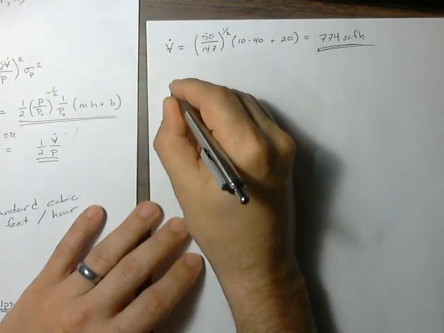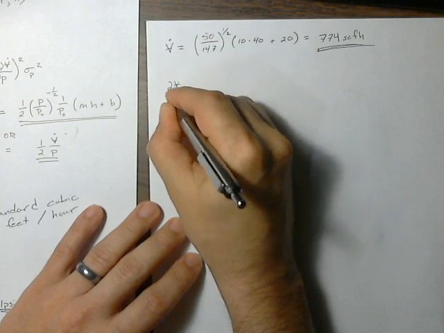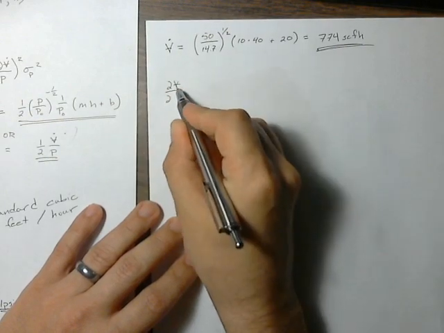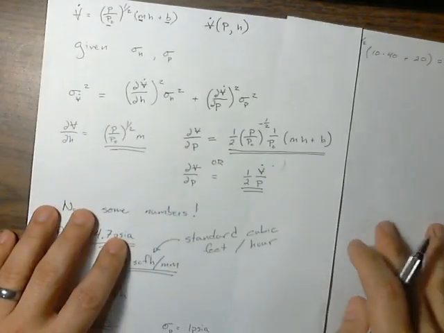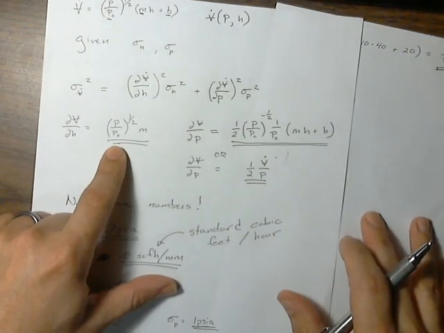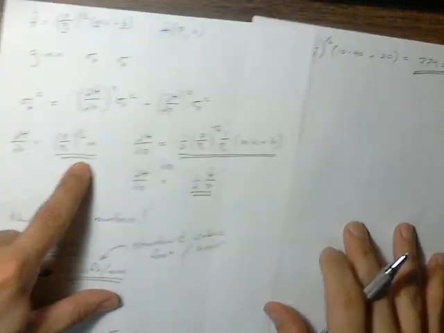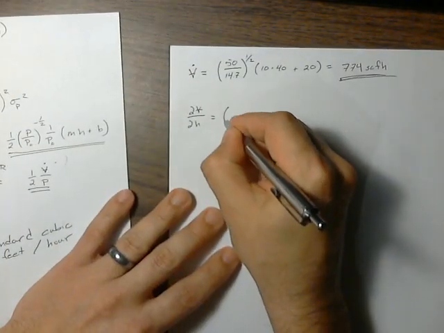So we said that the partial derivative of volume flow with respect to height was this: square root of pressure times m. So let's write that.